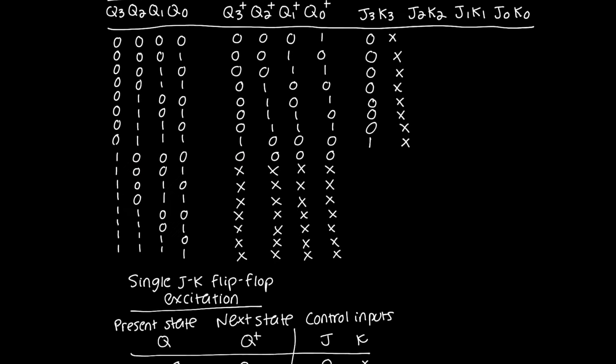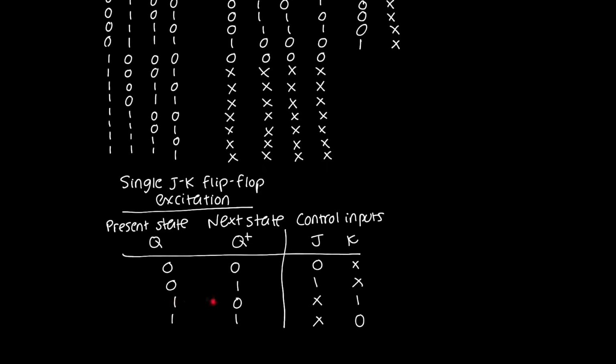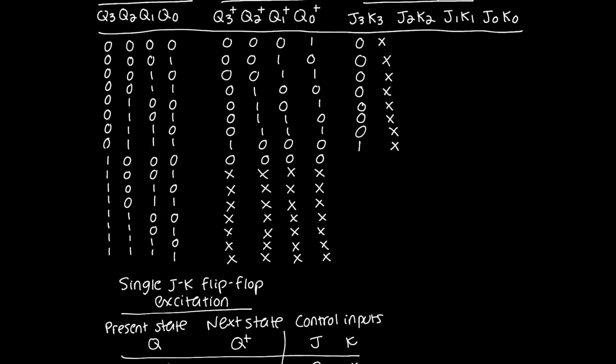So that's when the counter is resetting from 8 back to 0. For a 1 to 0 transition, I have X1. And what do I do over here? Well, I just said I actually don't care what my next state is. So that was a decision that I, as a designer, took. So that makes it a lot easier. Everything from here on in becomes a don't care.